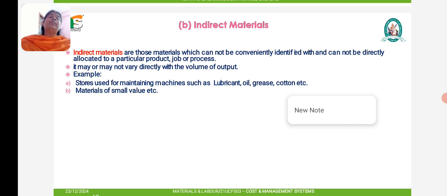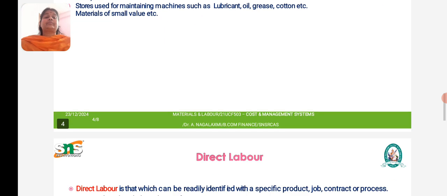Materials of small value are also called indirect material. So direct material means material which is directly involved in production, while indirect material is supportive to the manufacturing but is not an ingredient for manufacturing.